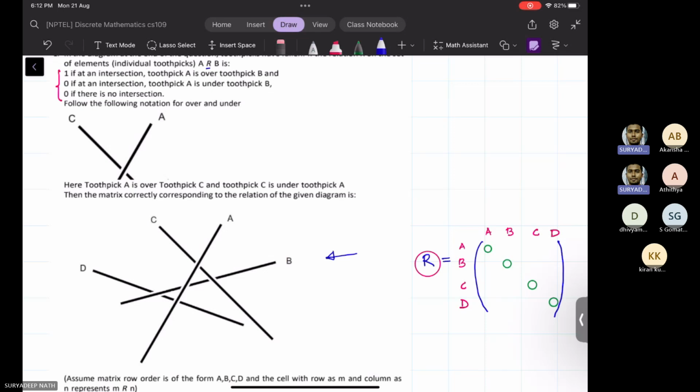Because A is over B. If you look at this junction over here, you can see that A is over B. So therefore 1. Since A is over B, it means that B is under A, which means that the BA term would be 0, because by the second rule, it is 0 if at an intersection toothpick A is under toothpick B. What would be between A and C?